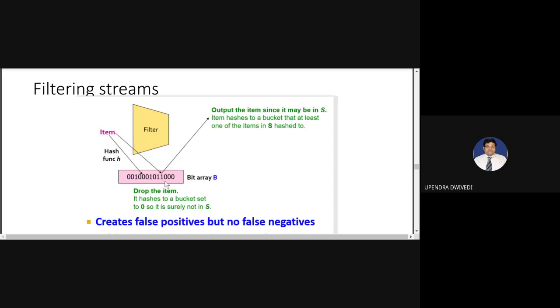Now we check each and every input to see whether it matches this bit array or not. If it does not match these values, we discard that value. If it does match, we filter out this value as a desired value.